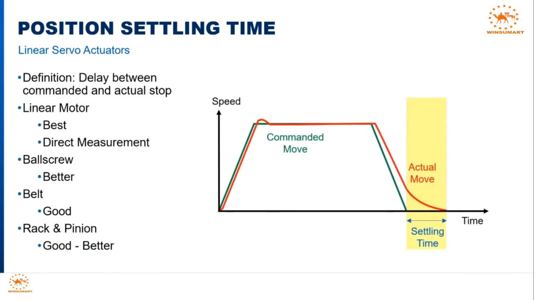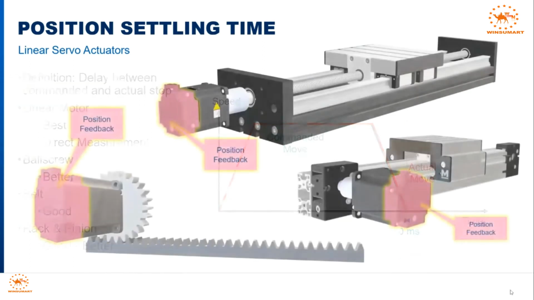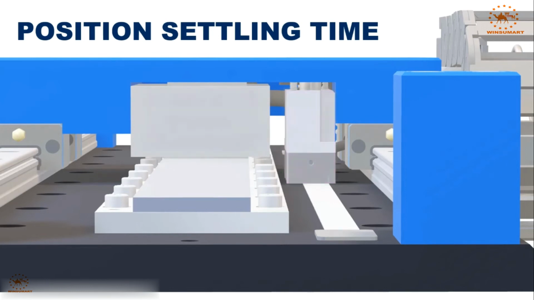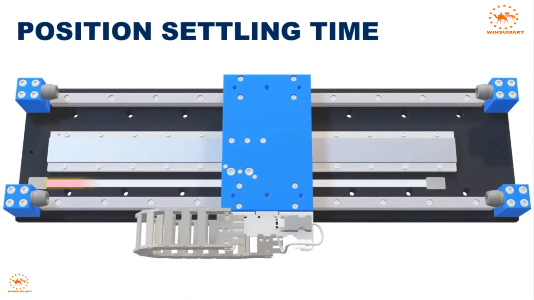The encoder may indicate that the load has settled with a low settling time, but what that really means is that the encoder has stopped moving. The load may still be in motion and not yet settled or experiencing vibration and oscillation. Rigidity and backlash interfere with the measurement of settling time through the encoder of a rotary servo motor. However, in the linear motor, the encoder is fixed to the load itself, reporting the true settling time of the load.